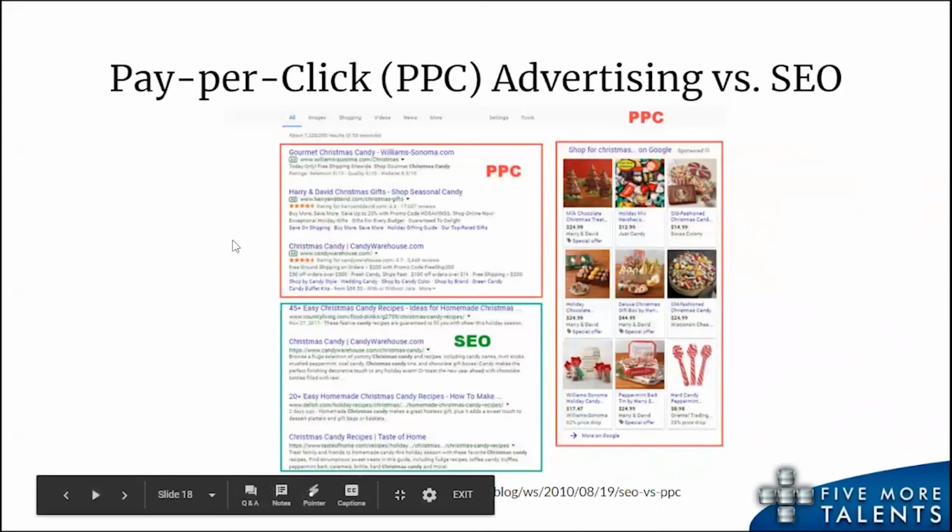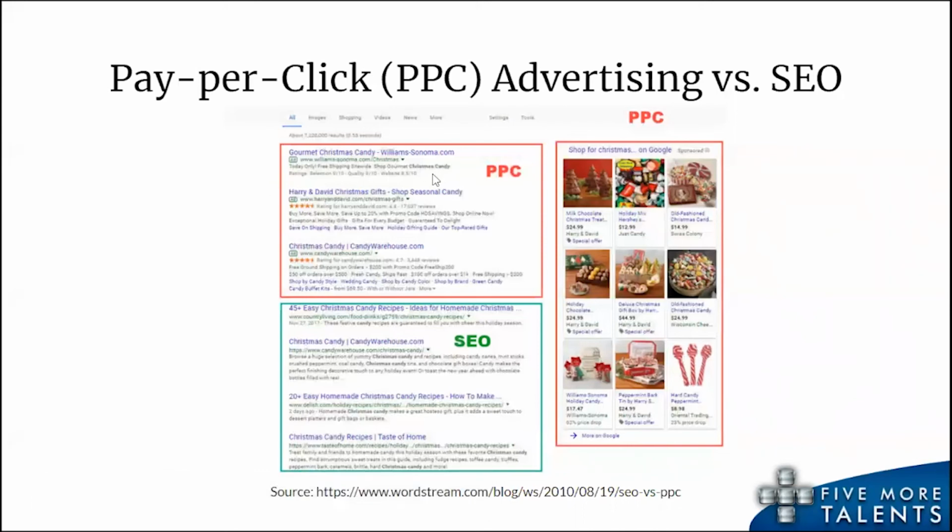Probably would be different for churches, but I have heard of churches here and there that actually use pay-per-click advertising. And one of the advantages of pay-per-click advertising is that you can get exposure pretty quickly, right?